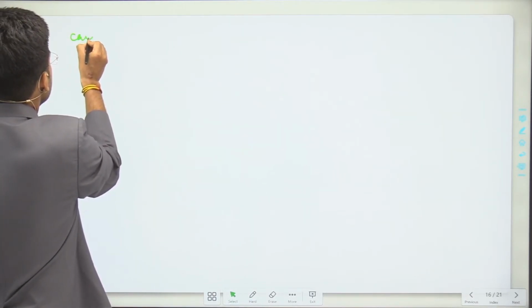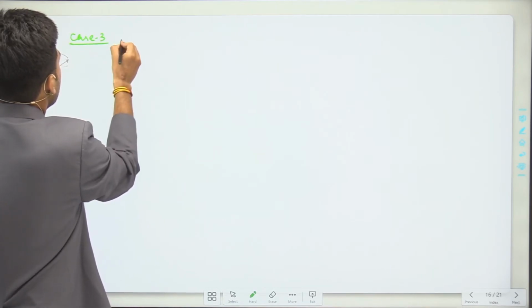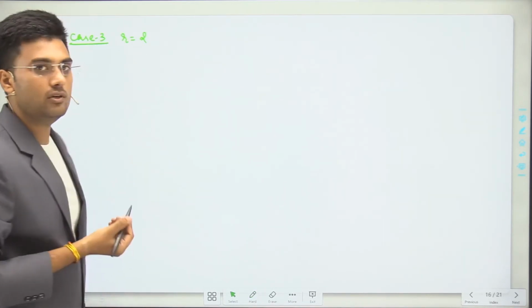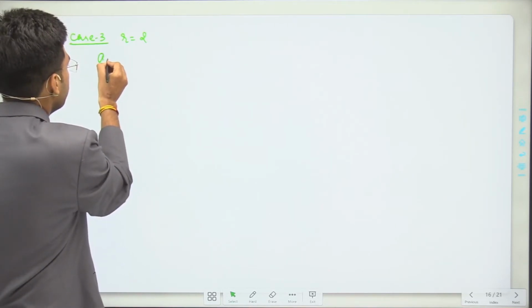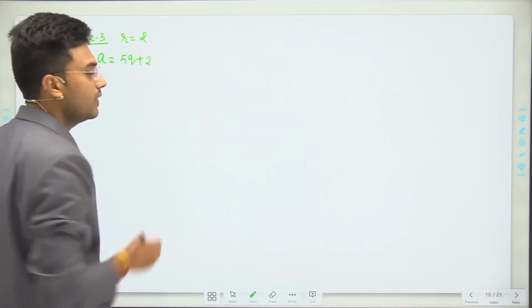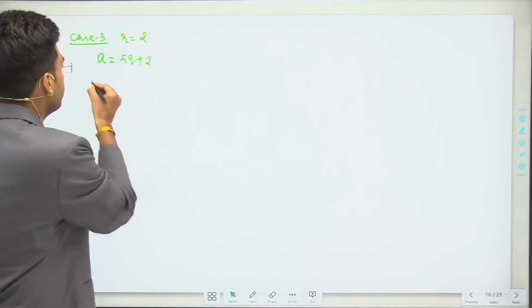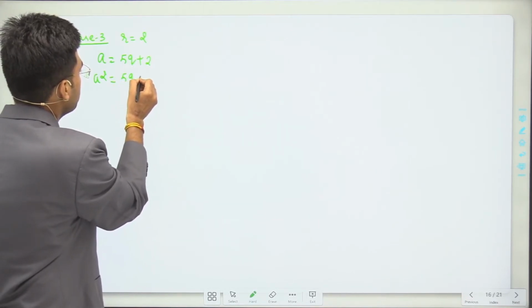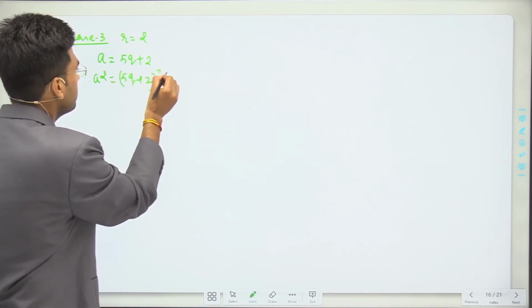Case 3, r is equal to 2. If r is equal to 2, then a is equal to 5q plus 2, and a square is equal to 5q plus 2 whole square.